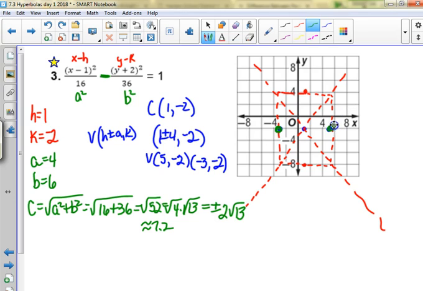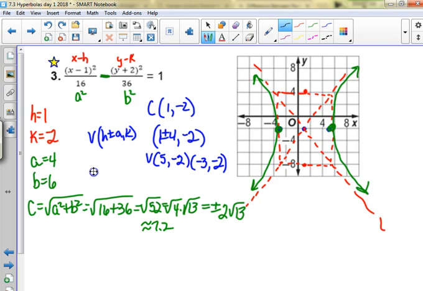And then it's opening left and right, and those would get closer and closer to the asymptotes out here. All right.